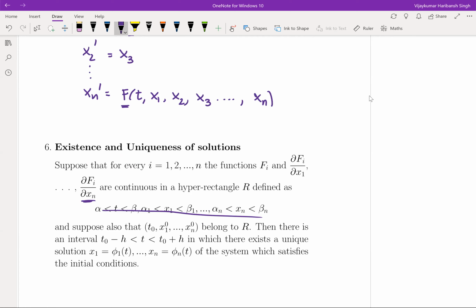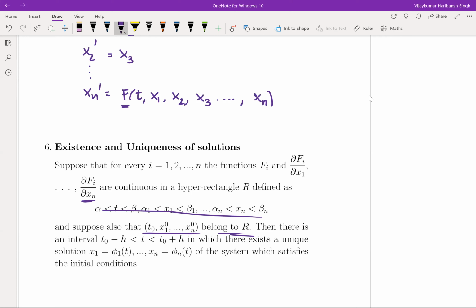And suppose your initial point t naught, x1 naught, and so on, belongs to this hyperrectangle. Then there exists a unique solution in the interval from t naught minus h to t naught plus h, which satisfies the given initial condition. So this is what the discussion about existence and uniqueness is.